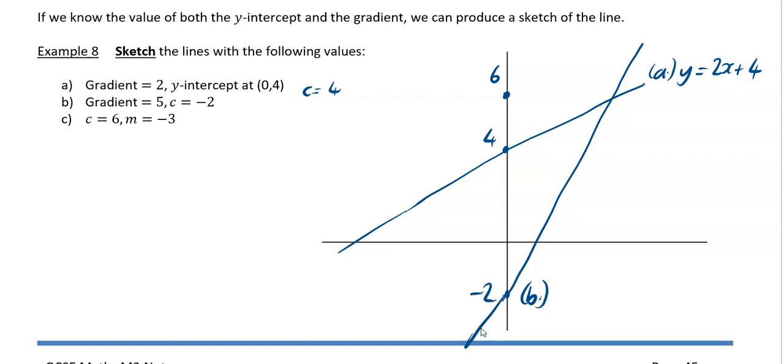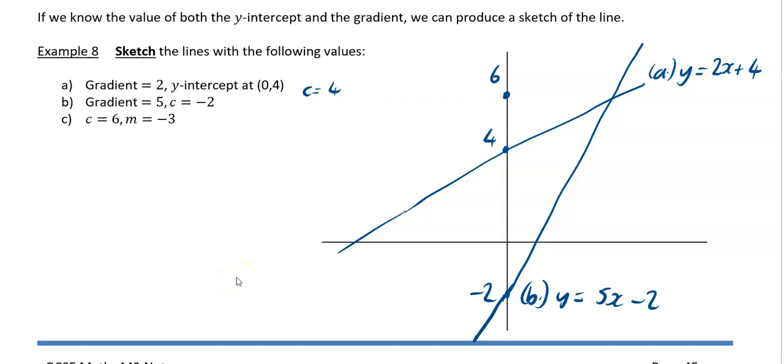This is part B. So this is y is equal to 5x minus 2. So that's roughly what it should be. So yours should be straight lines. I know mine aren't. Apologies, but it should really be straight lines. Use a ruler. Very hard to use a ruler in this. So there's your part B. Y is equal to 5x minus 2.